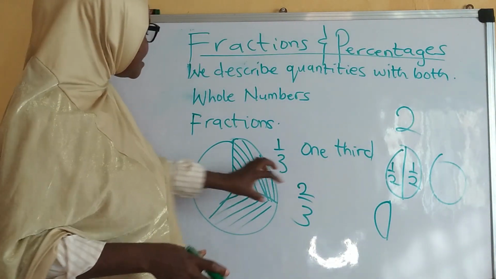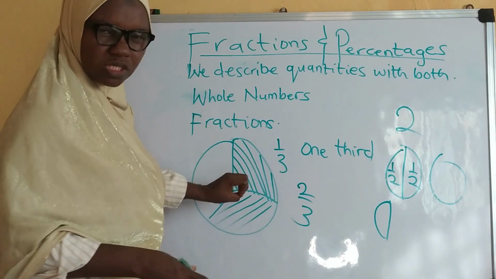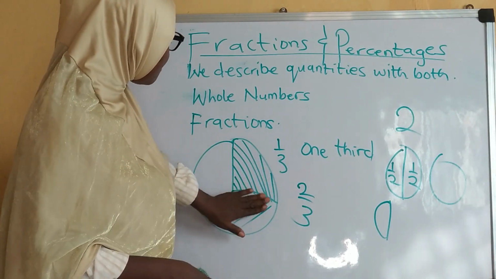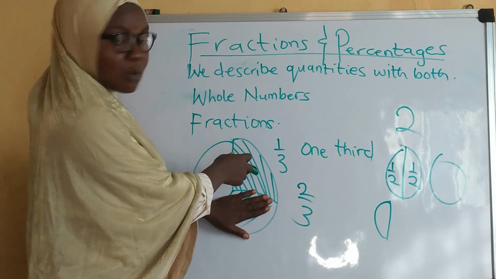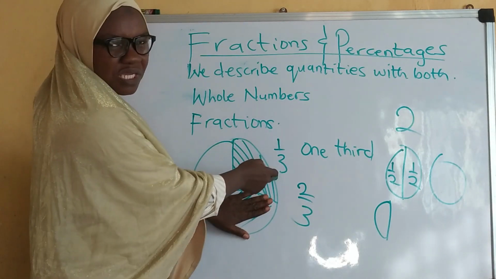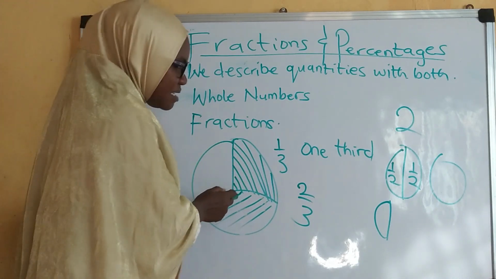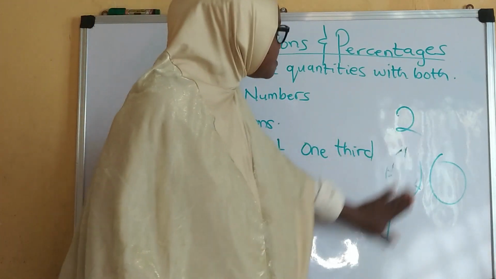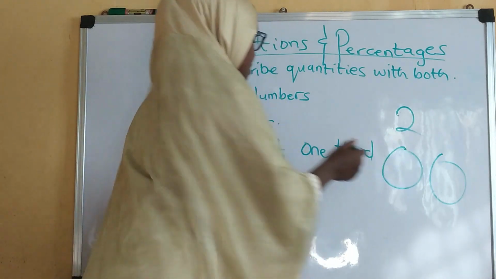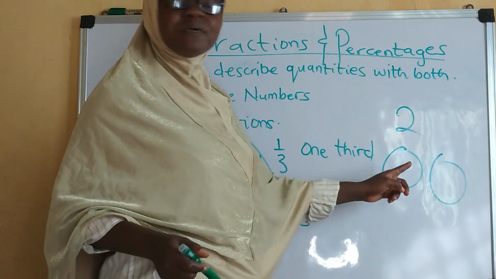Do you understand? If it is only this one I shade, that means this fraction, 1/3, is just describing one part out of these 3 portions. Does that make sense? But this whole number 2 is describing these 2 oranges. No division, nothing. I hope you understand.